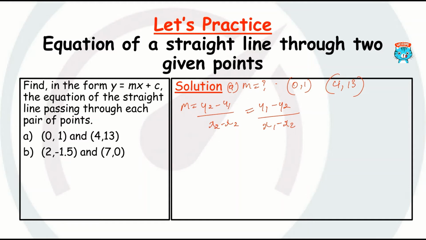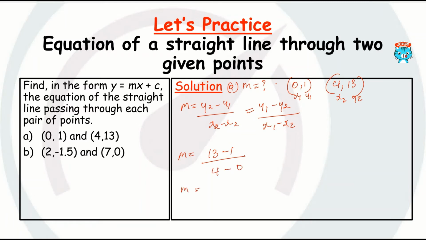Remember, it doesn't matter: you can let 0, 1 be the ones and this be the 2s, or switch them around, and the answer will still be the same. So m, using y2 minus y1, is 13 minus 1 over 4 minus 0.